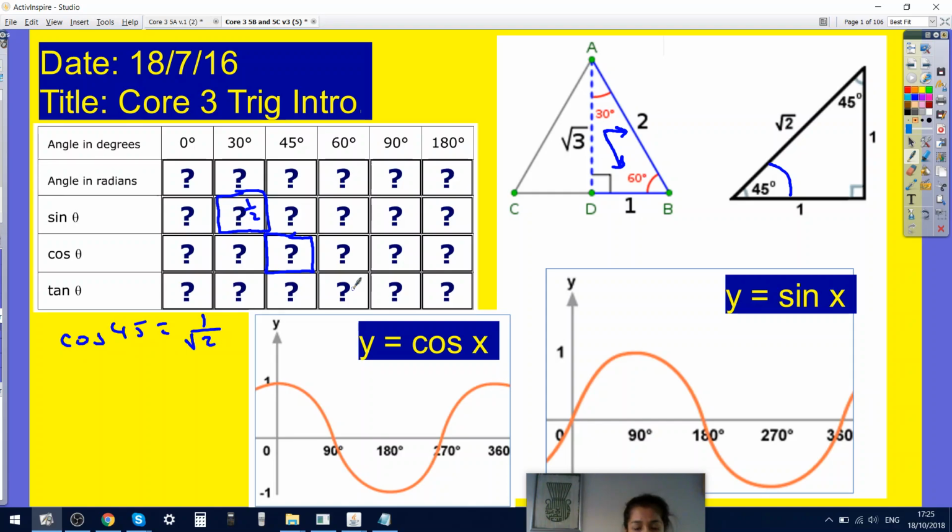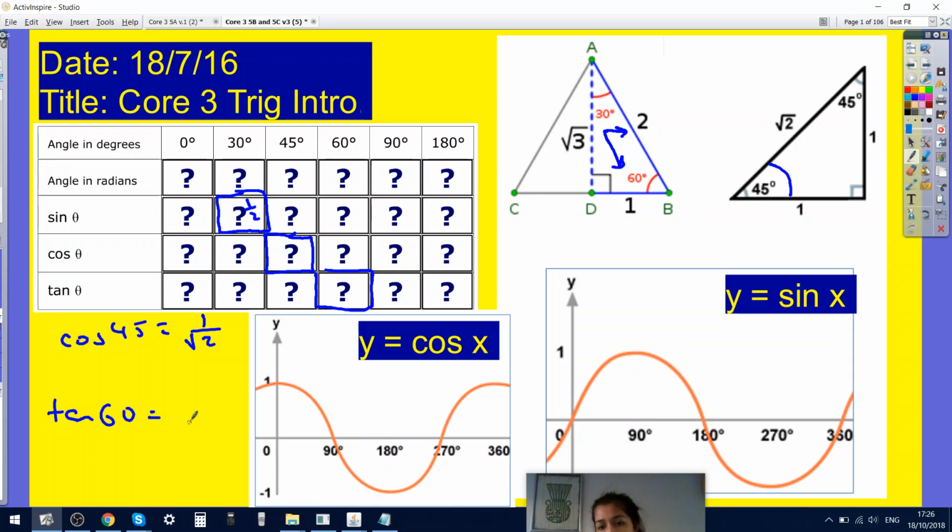And how about the tan of 60? 60 is there. So adjacent of 60 is 1. Toa, so opposite over adjacent.